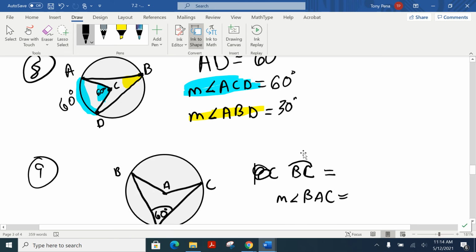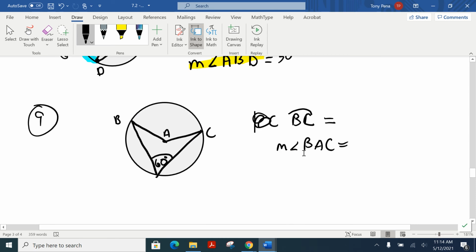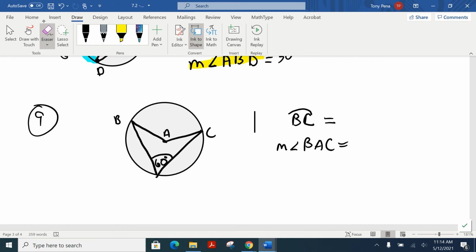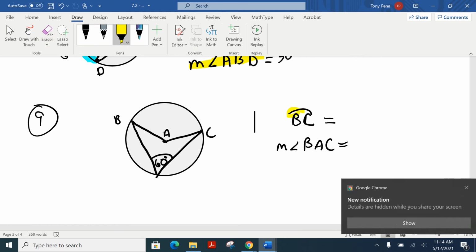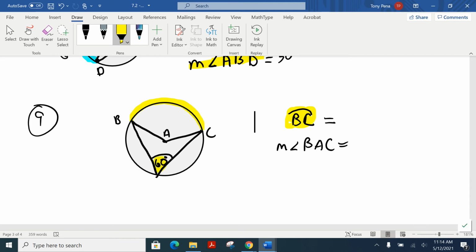Yep. All right, so what we should have here then, this is your inscribed angle. I'm asking you for the arc degree measure, so that's this right here. If the inscribed angle is 60 degrees, what do we think for the degree measure of the arc?